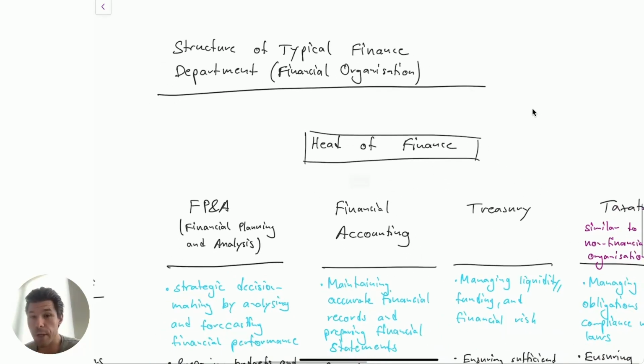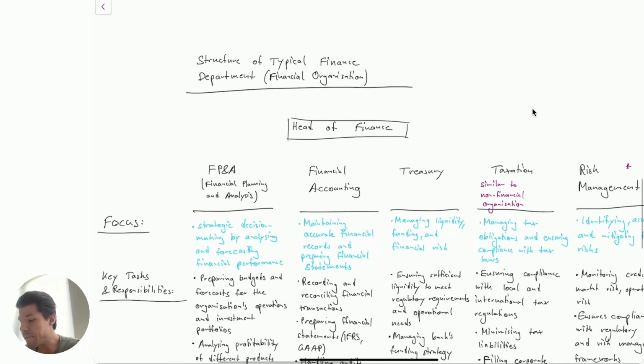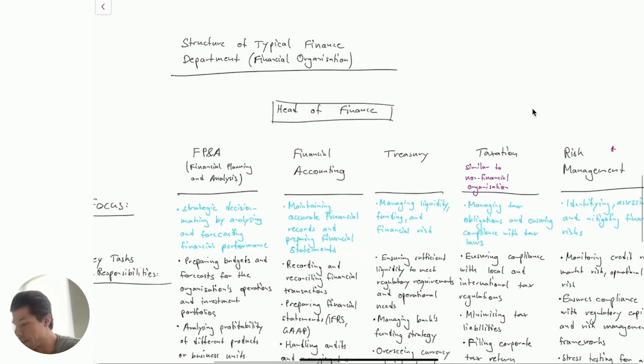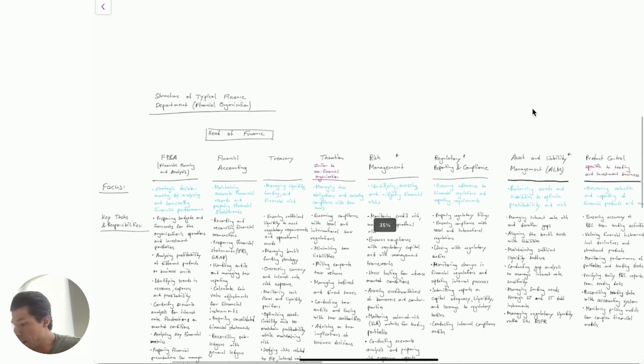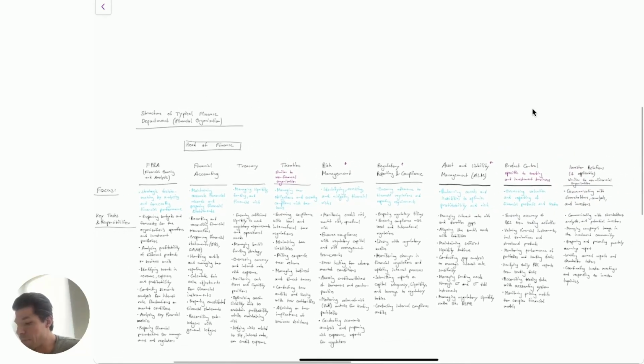So in general, if we look at the head of finance, the CFO, across a bank, and again, sometimes depending on the size, some of those sub-departments you see here can have their own chief risk manager and so on. But in general, those departments exist. You see a few more here.